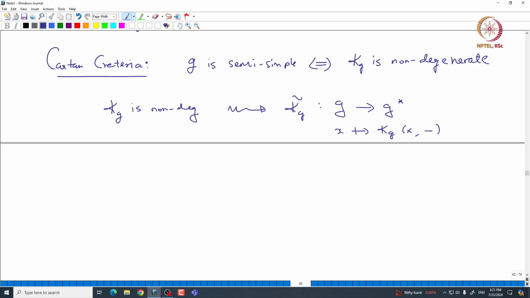This map is a G module map, which will be an isomorphism. So, kappa tilde is a G module isomorphism. In particular, kappa of G non-degenerate implies that G is isomorphic to G star as G modules. This is a very important observation.